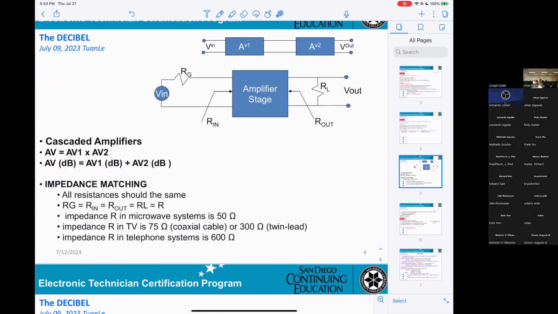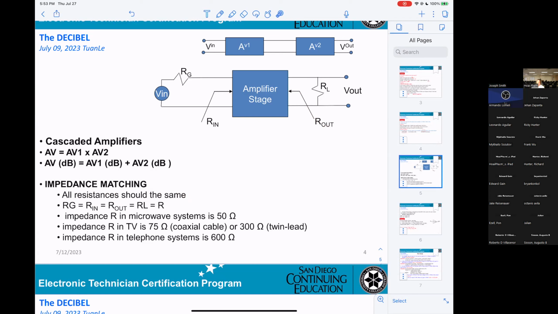And now they're talking about impedance matching. This is an amplifier. Okay? You get the input impedance, and that will be the output impedance. All resistances should be the same. RG equals R in equals R out equals RL. That will be the same for matching. Okay? That's why the output of the generator is 50 ohm.